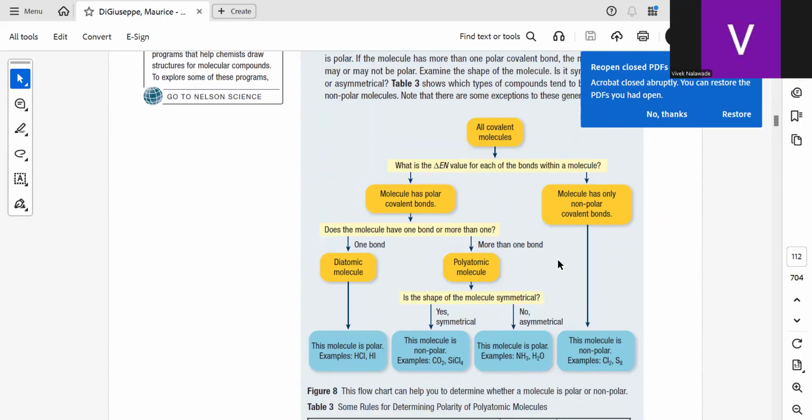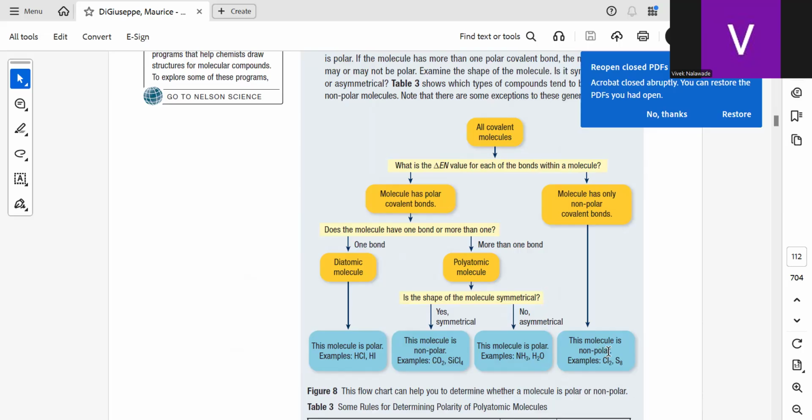There is one more chart that you know this concept already. I'll just revise the chart with you. For all covalent bonds, what is the delta EN value for each bond in the molecule? If the molecule has only non-polar covalent bonds, straight away the molecule is non-polar, which means London dispersion.